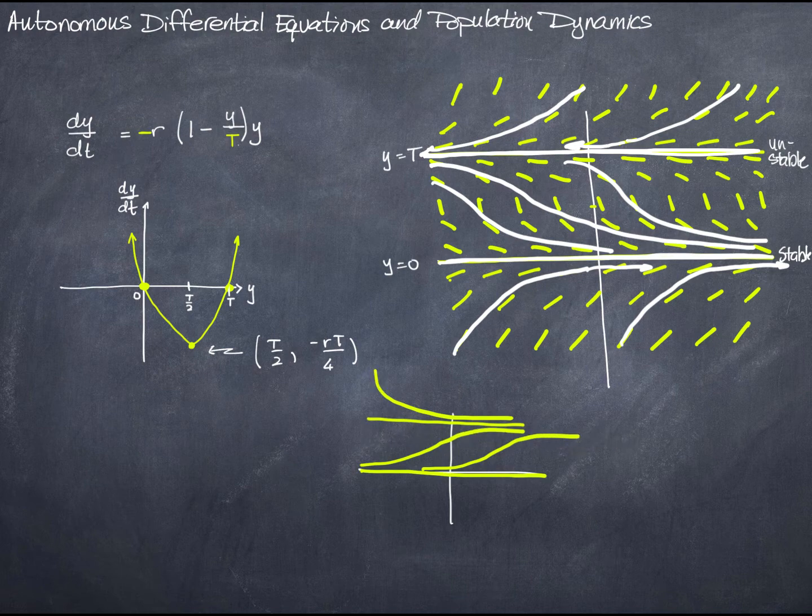So if you start with more than the environment can support, or fewer than the environment can support, it will reach the carrying capacity in either case eventually, right? So this is very different up here because we're starting with near capacity and going away from it.